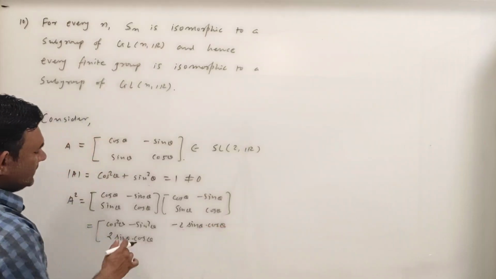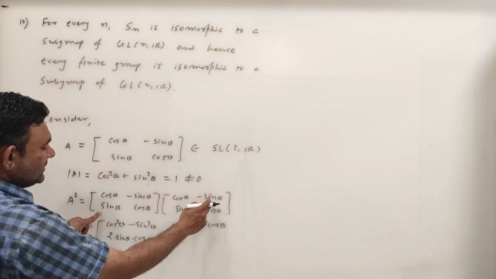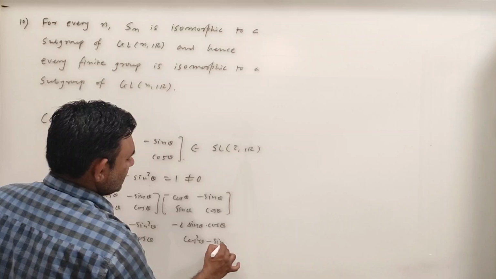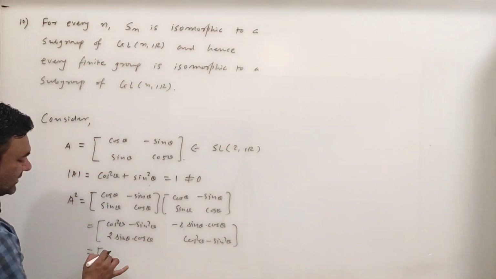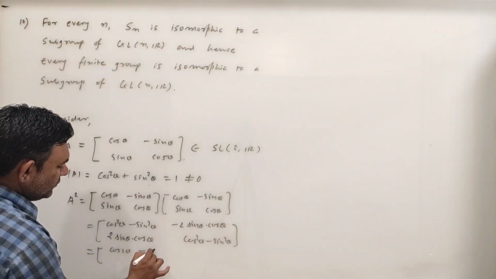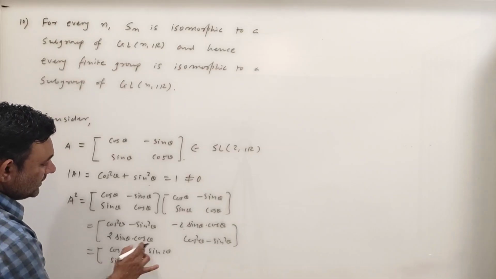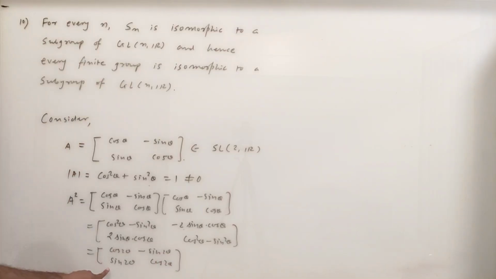The last entry is cos square theta minus sin square theta. So A square is cos 2 theta, minus sin 2 theta, sin 2 theta, cos 2 theta.